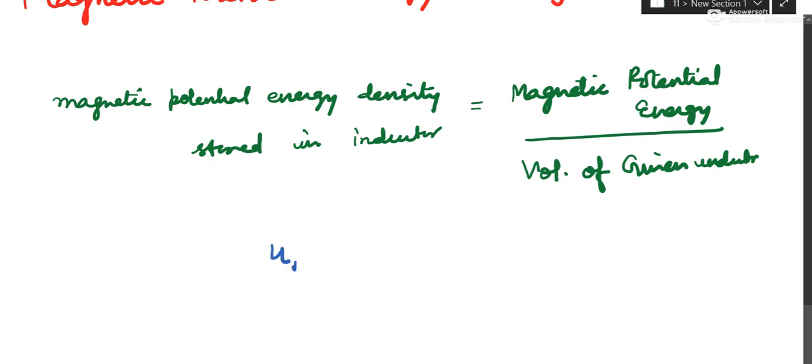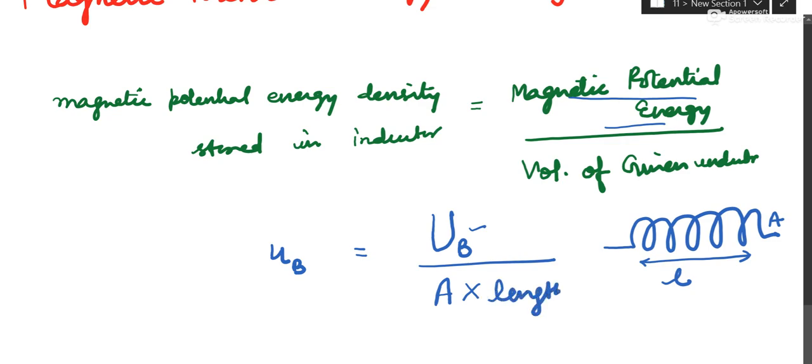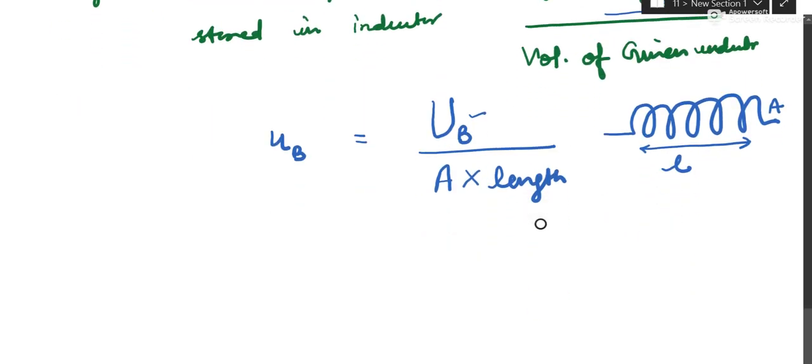This is small u, this is energy density. And here I am writing magnetic potential energy. This is the symbol of magnetic potential energy. Volume is area of cross section of the inductor, and length is l. So area into length for the given solenoid. So it is energy density small u, and this we have just obtained.